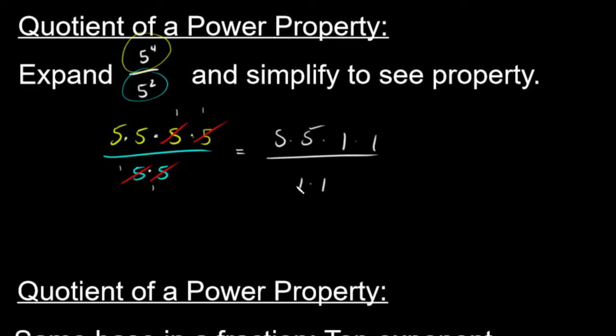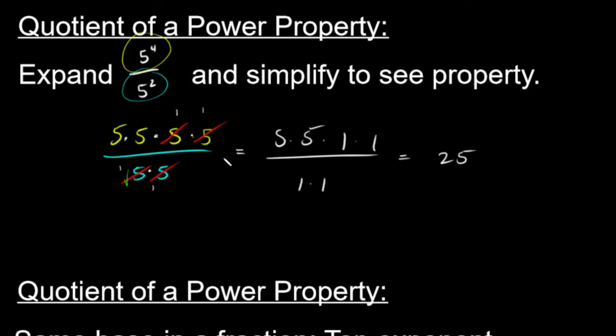Well, 1 times 1 is 1, and 5 times 5 is 25 times 1 times 1 is still 25. So you end up with 25. And the relationship here is that when you cancel the 5s, it's basically just like they're gone, right? And then you just have 5 times 5 in the numerator, and then nothing in the denominator. Or if you want to get technical, a 1 in the denominator, right? So you got 25 over 1, technically. But we're just looking at it as 25, all right?